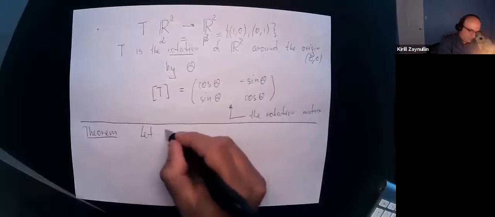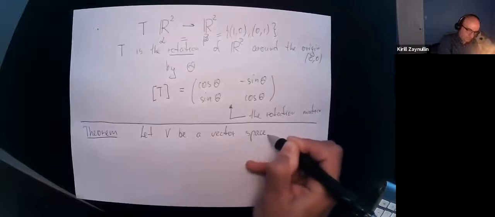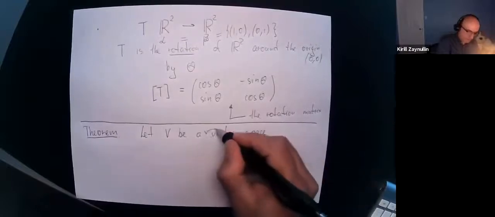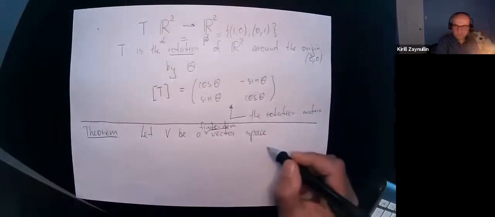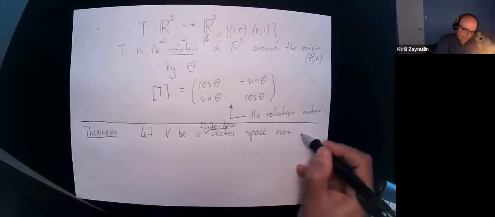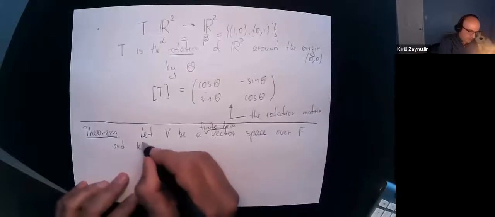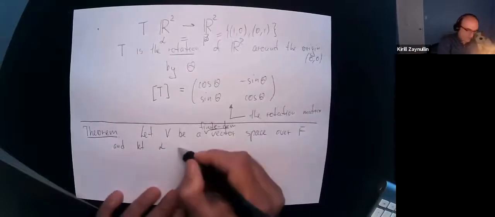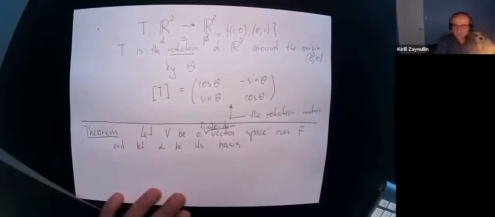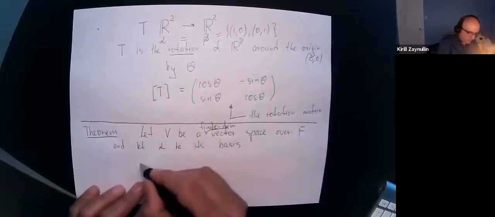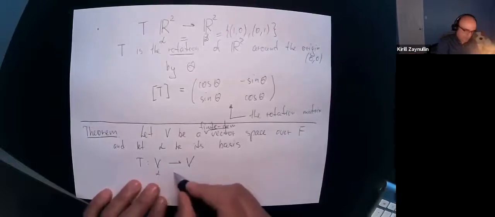So let V be a finite dimensional vector space over a field F, a field of coefficients F, and let alpha be its basis. We choose a basis of V. Then we can look at all linear operators on V, with alpha the same as beta.